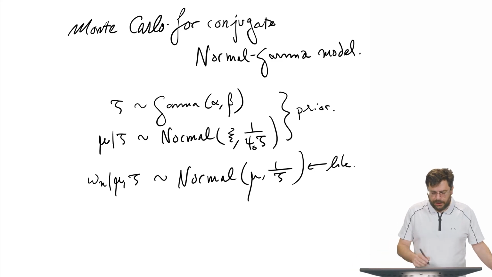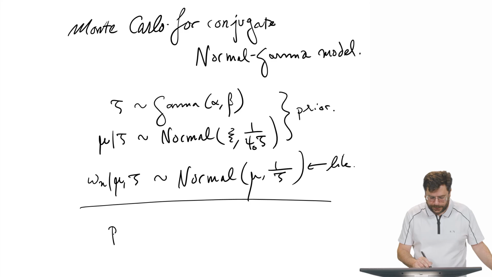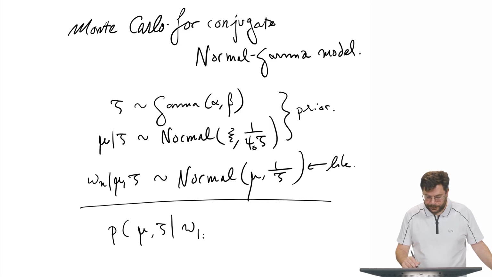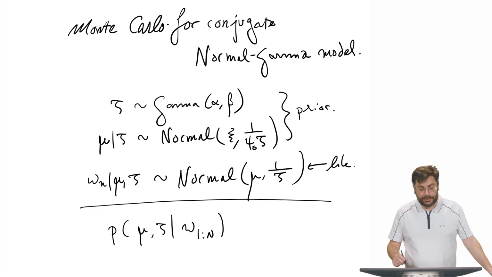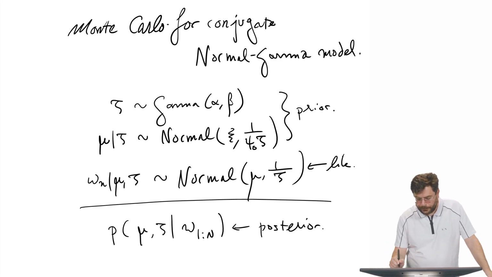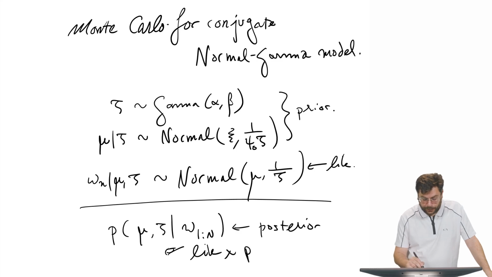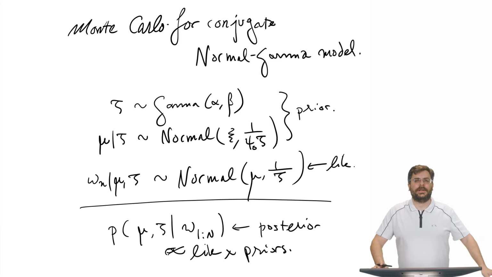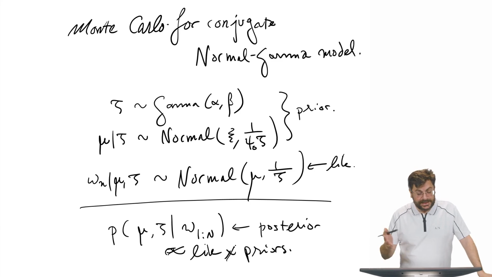Perhaps my goal at this point is to draw samples of my posterior, which is proportional to my likelihood multiplied by my priors. What I'm not including, as usual, is the evidence, the probability of the data, which does not depend on mu and tau.